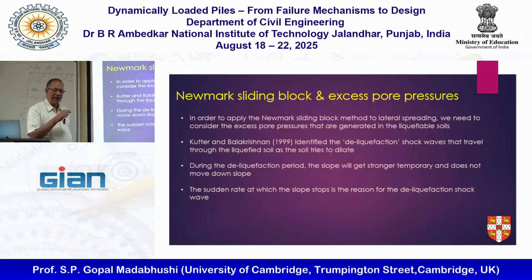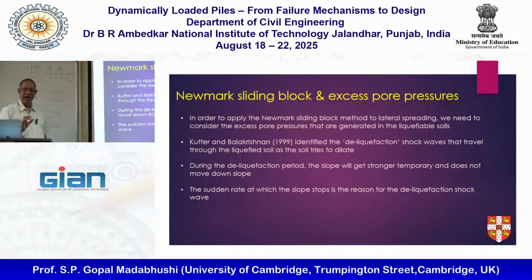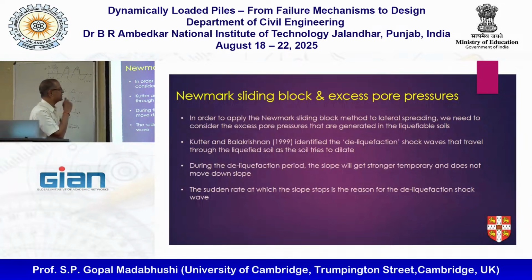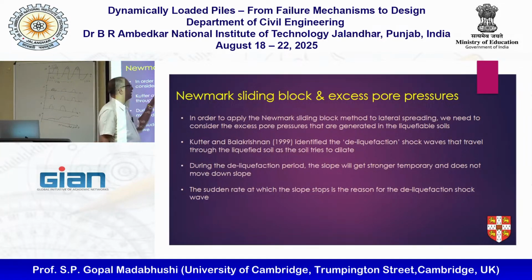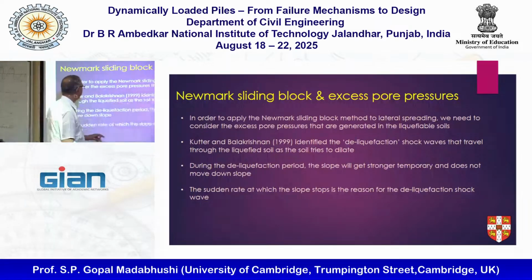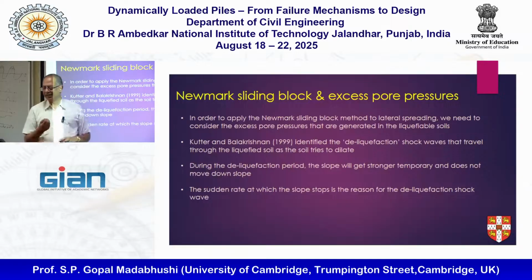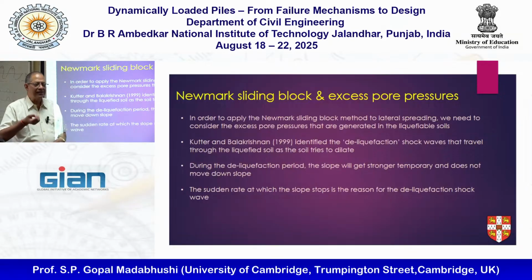Anyhow, for liquefaction problems, we don't have this kind of sliding block alone. What we have is, when you are having this lateral spreading, it's really the excess pore pressure that is killing the strength. Once I get excess pore pressure, my effective stress comes down, which means my threshold acceleration to cause sliding is decreasing, right?